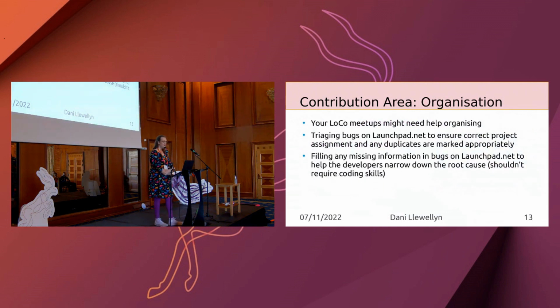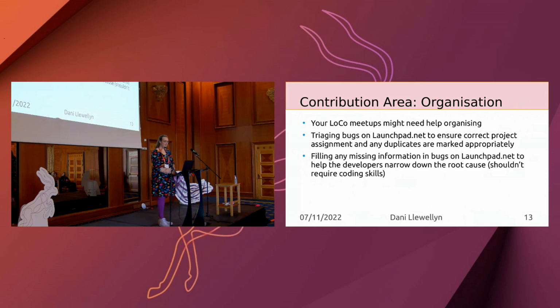If you're good at organization, your Loco will love you. There's also, if you're good at organizing, triaging bugs is actually a good way to contribute. So you don't have to necessarily be technical to do this. So you fill in missing information if you can. Otherwise, making sure that a bug is assigned to the appropriate project is really helpful to the developers.